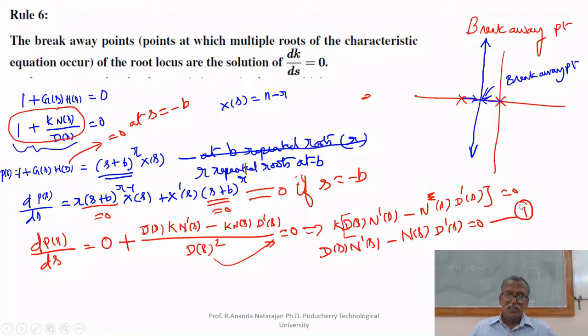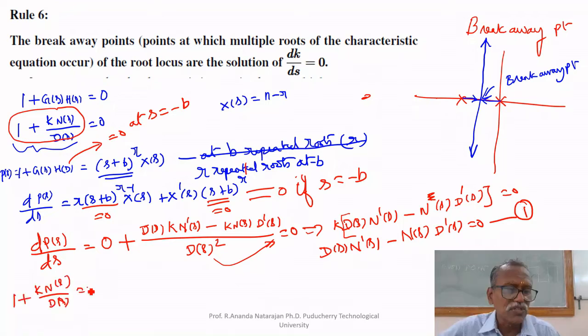What is k? 1 plus k n of s upon d of s equal to 0 means k n of s by d of s equal to minus 1, or n of s by d of s equal to minus 1 by k.